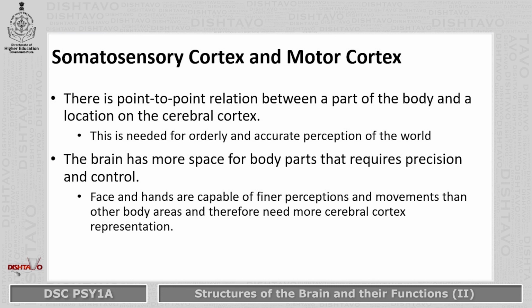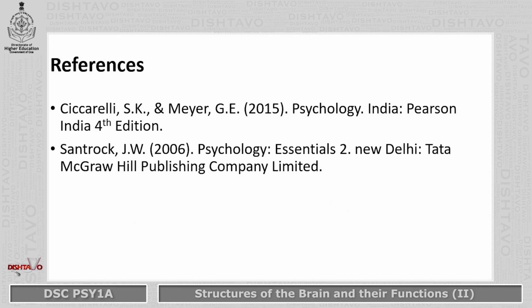So just because a torso is big or we have long legs, that won't occupy much space in our brain. It is the face and hands which are capable of finer perceptions and movements, and therefore they require more cerebral cortex representation. With that, we come to the end of this module.